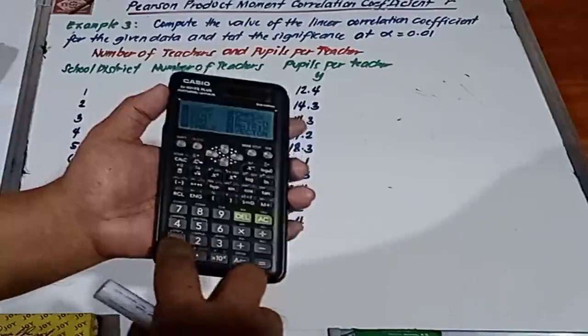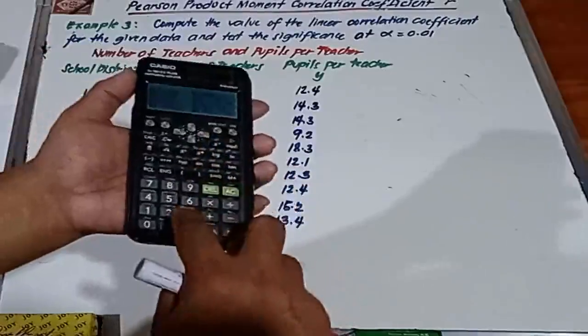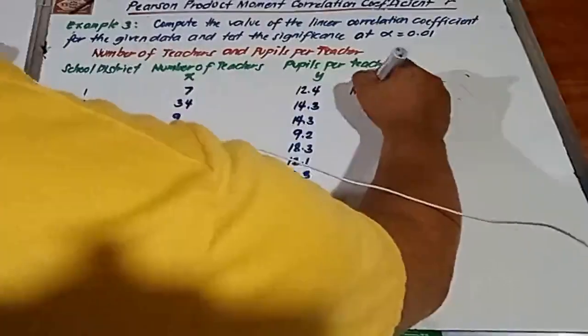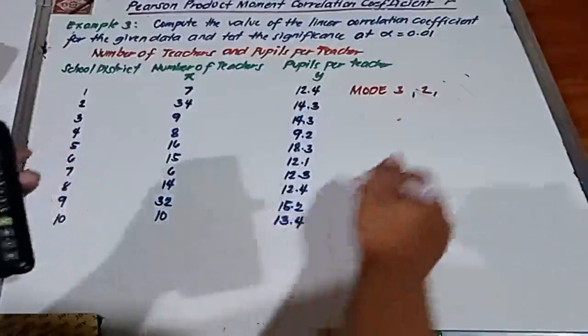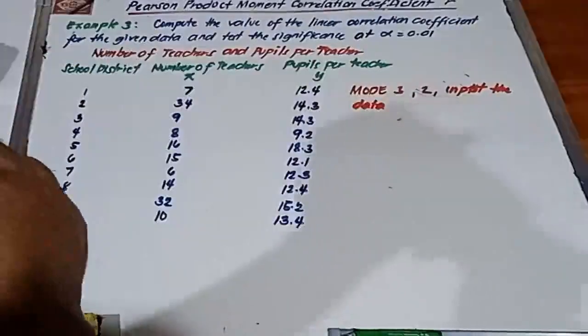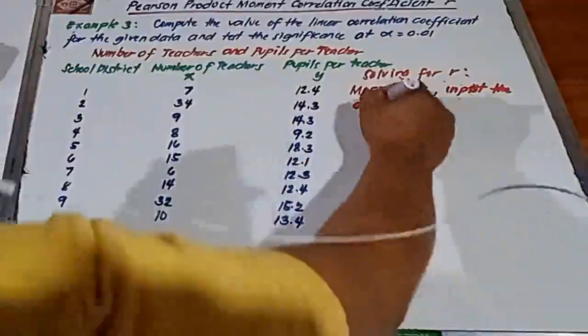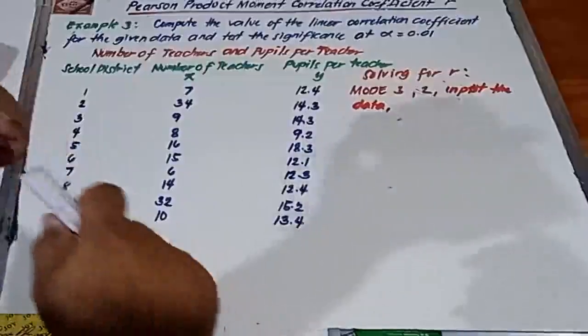So, again, mode 3. Okay? Mode 3, then 2, and then input natin yung data. This is solving for R. Then, right after ma-input yung data, input muna natin.